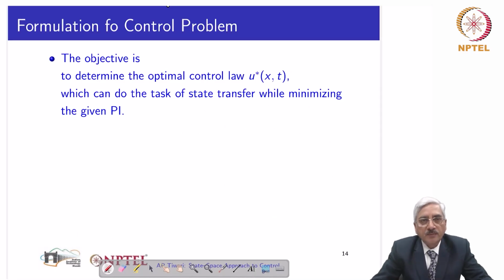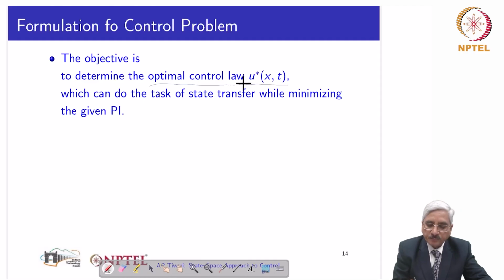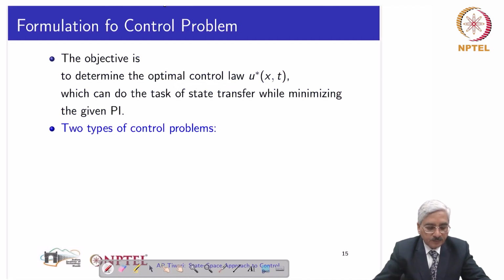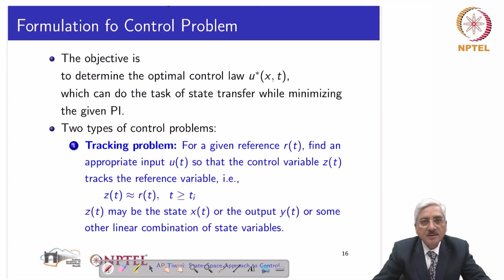Now we come to the formulation of the control problem. Here the objective is to determine the optimal control law u star, the arguments of which are the state and the time, which can do the task of state transfer while minimizing the given Pi. And in general, we have two types of control problems depending upon the performance integral. One is the tracking problem.